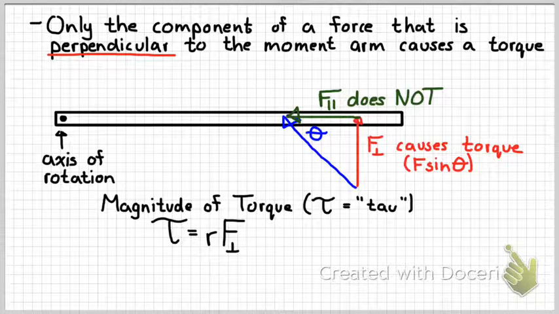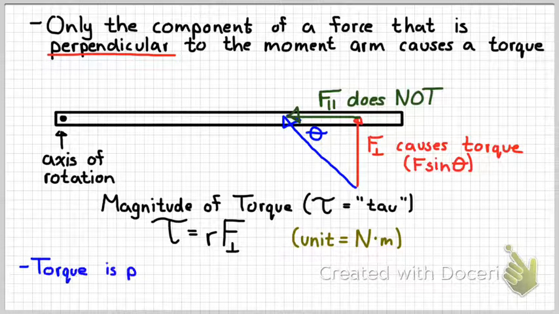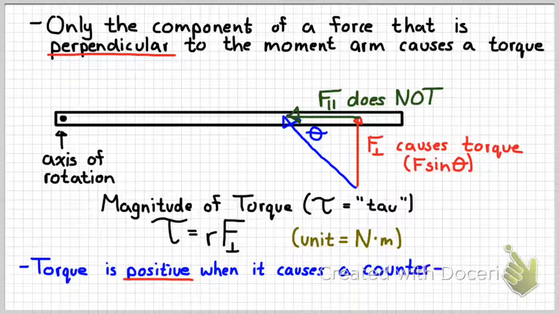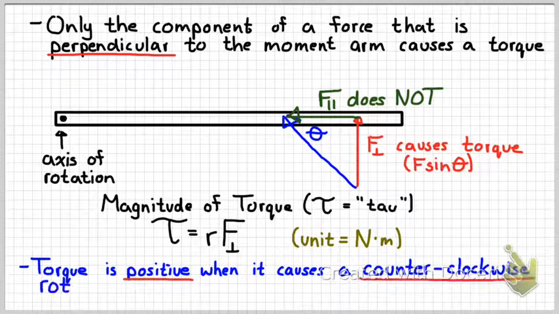If the force is parallel to the moment arm, then it does not exert a torque. The unit for torque is a newton times a meter. Torque is defined to be positive when it tends to cause a counterclockwise rotation. And we'll see why that is later on.